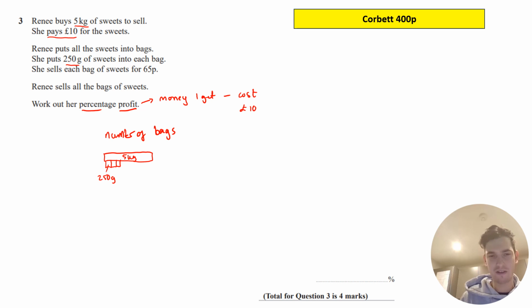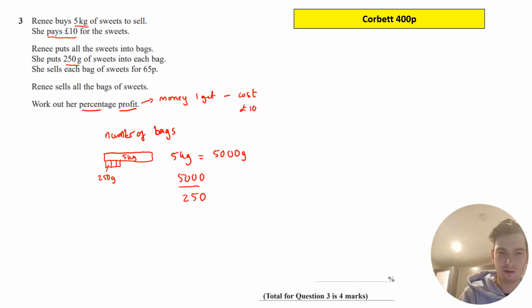So I think I'm going to have to divide 5 kg by 250 grams. But to do this, let's convert 5 kg into grams. So I know there's 1,000 grams in each kilogram. So that is 5,000 grams. And now I'm going to do 5,000 divided by 250.